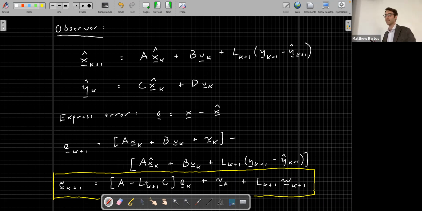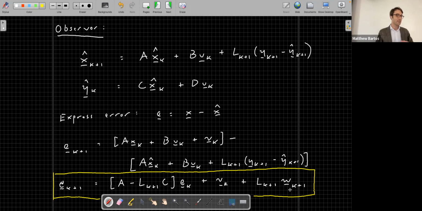We want that error to decay to 0. But what's going to happen if we make L very large? Think about this term here. Yeah, we're going to blow up the measurement error, right? So in selecting L, we have to balance between these two objectives, just like for LQR, we had to balance between the state and input costs.